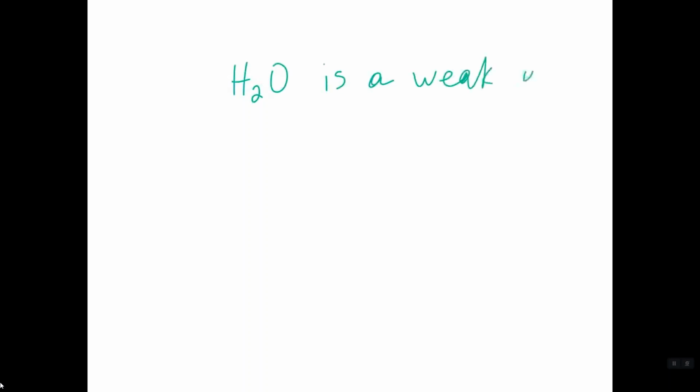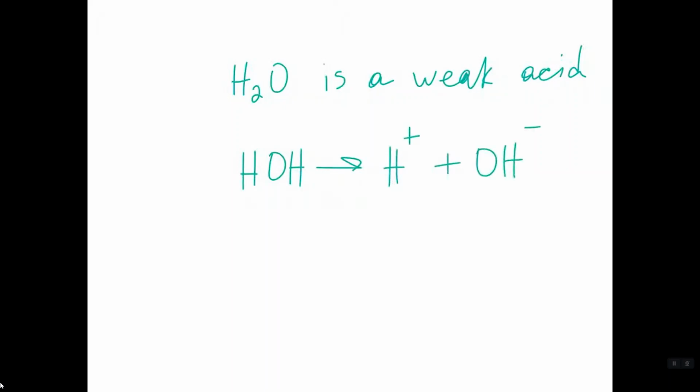And let me explain. It actually can break down. If you think about it, HOH instead of H2O, it can break down into hydrogen ion and hydroxide ion. So very, very few molecules. It's a very weak acid. Very few molecules are going to do it. In fact, only approximately 4 out of 1 billion water molecules are going to do it.